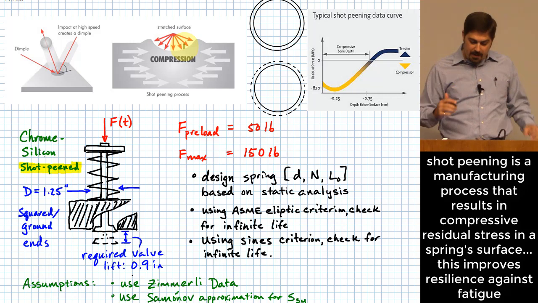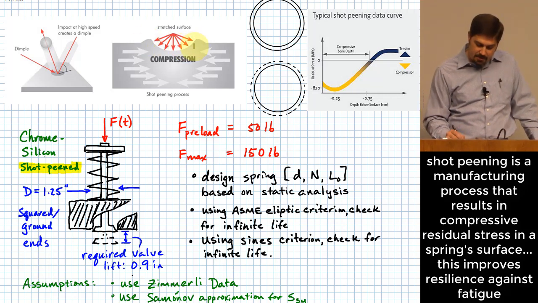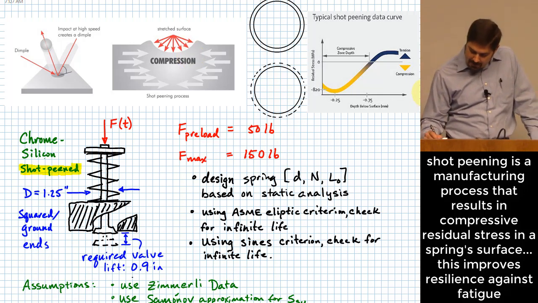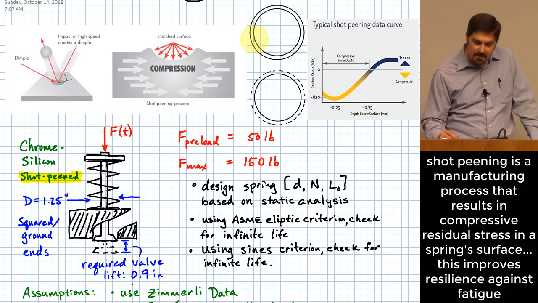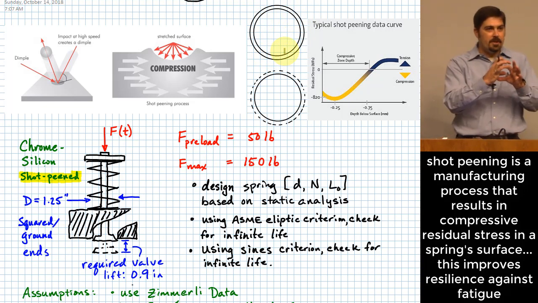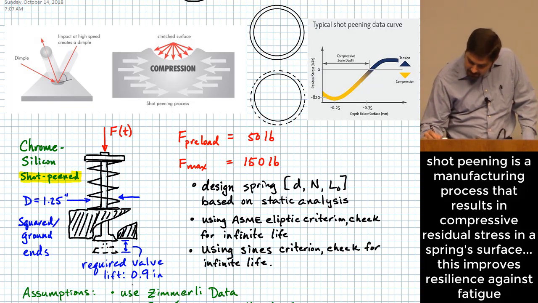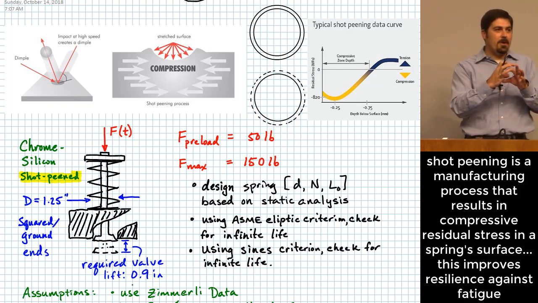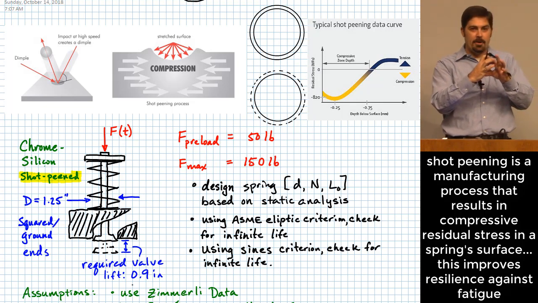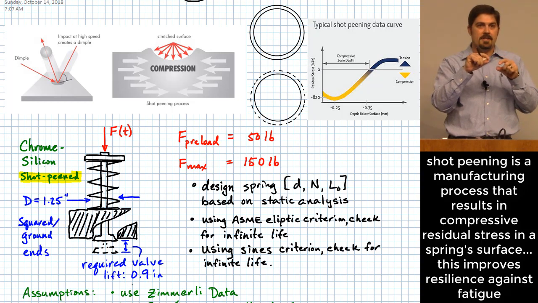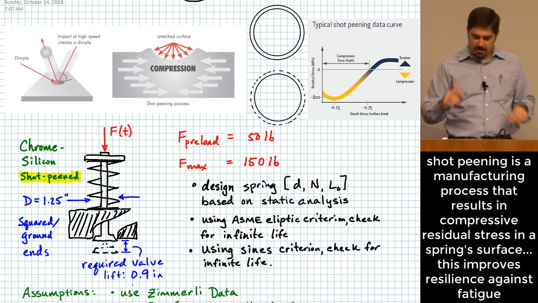When they do that over the entire surface, it makes almost like a case around the material that is being treated in this way. That case winds up just a little bit bigger in diameter. We're not talking much, but a tiny bit bigger in diameter, because it's been stretched by these little shots that come in and peen the surface of the material.